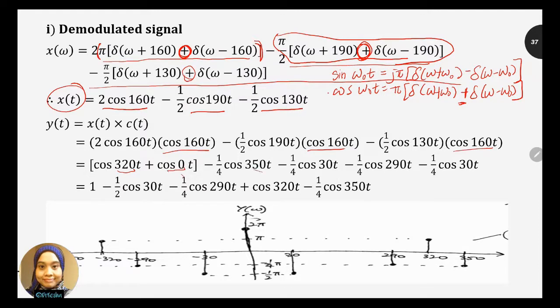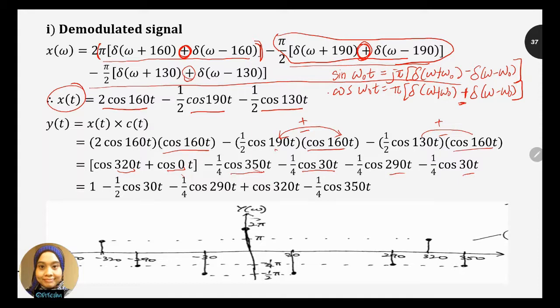This one also you need to add and also minus, so that the addition will result in cos 350t, and the minus will be cos 30t. How we can get this quarter is because you need to refer to the trigonometry identity. And for the 130 and also 160, you need to add and minus, and you will get almost similar results.